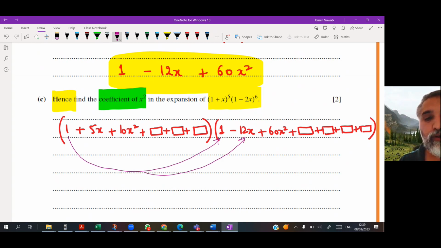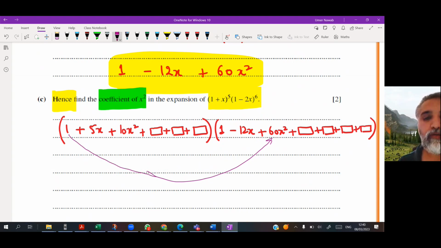No. Do you think 1 multiplied with minus 12x will give you x squared? No. 1 multiplied with 60x squared can give you x squared. So you just need to keep only the multiplication of 1 with 60x squared. I'm going to write here 60x squared when I multiply 1 with 60.